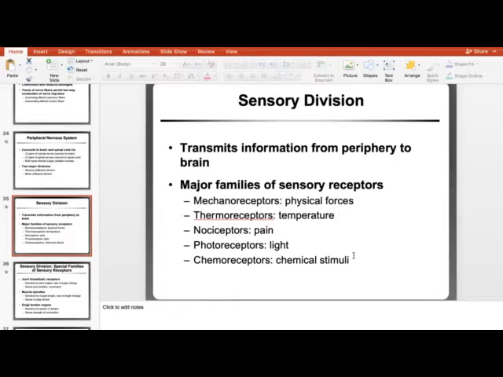This is temperature. This is chemicals. This is photons. All of these things eventually are going to go up the afferent nerves and get to the brain. And according to the black box theory, the brain is going to be able to take all of this different kind of information, transfer it to this brain information, calculate all of that information, and send the information back to the muscles through efferent nerves. All right.